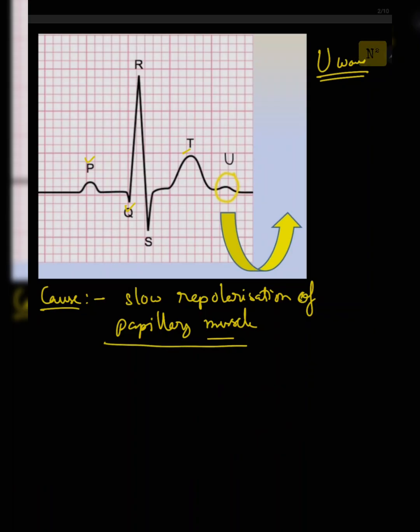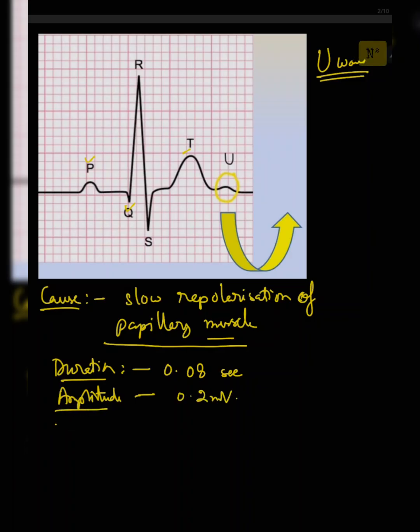Now what happens is that in certain conditions those musculotendinous fibers become more stiff and it causes some recordings to be recorded. So the duration of this U wave is usually seen to be around 0.08 seconds and the amplitude is 0.2 millivolt.